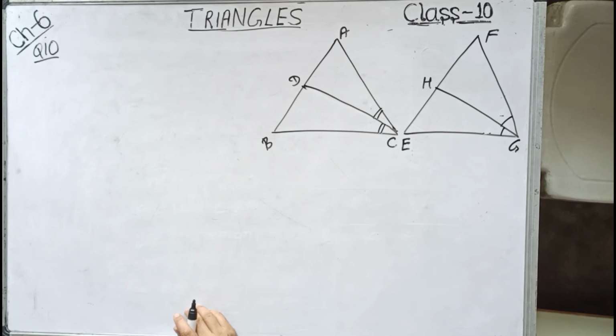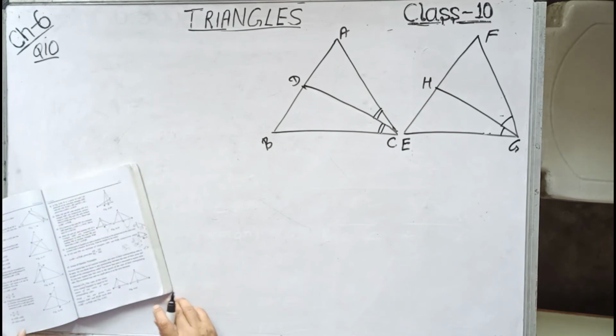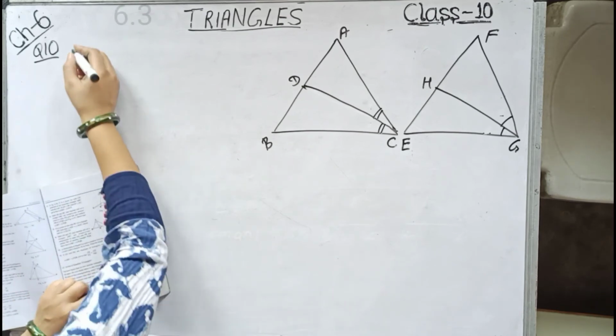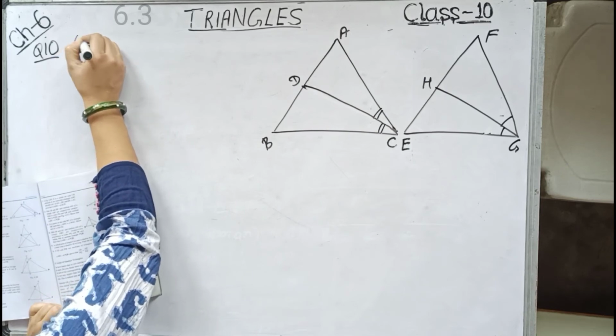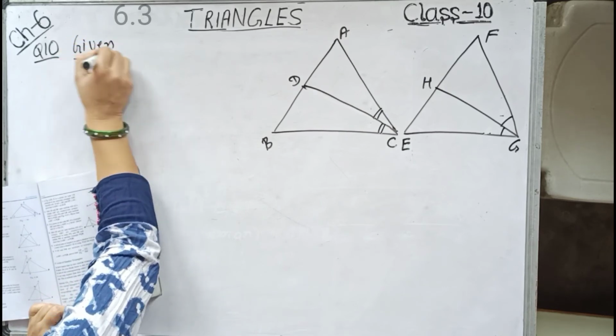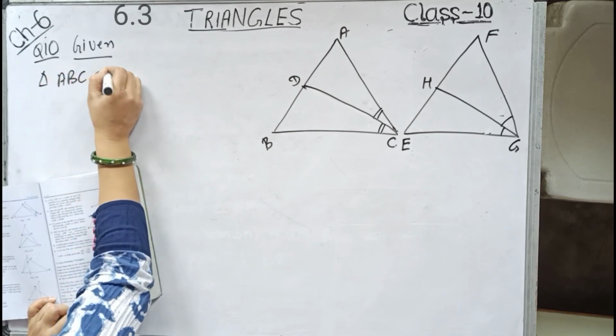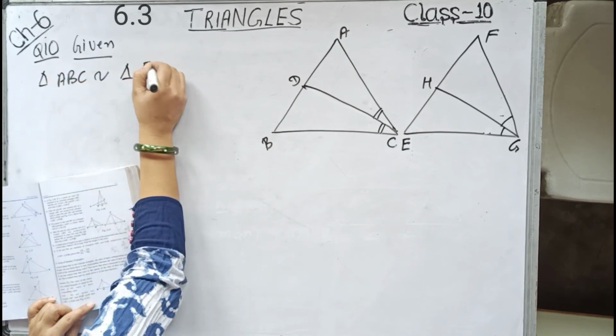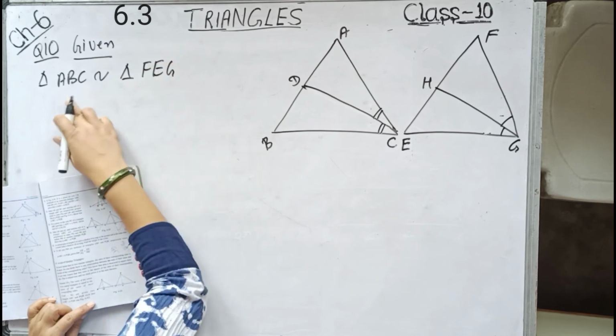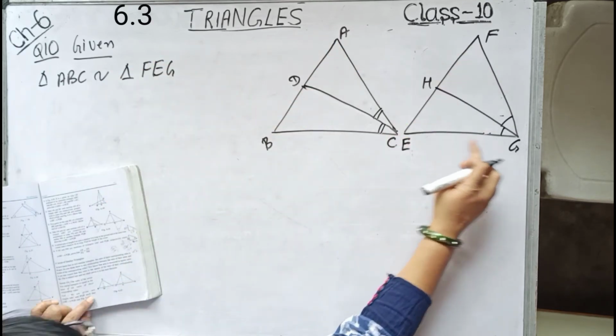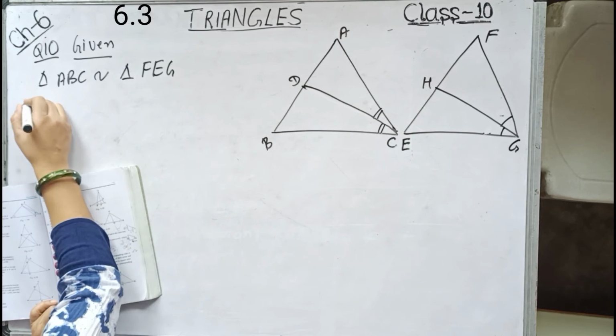Moving to question number 10, which says that triangle ABC is similar to triangle FEG.